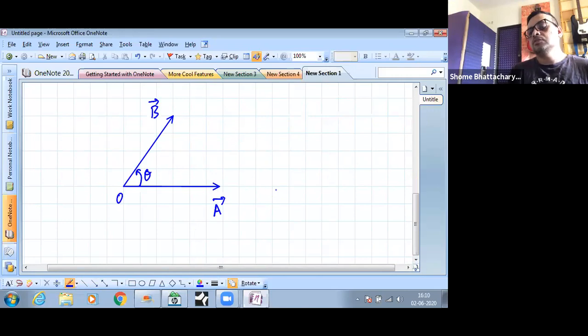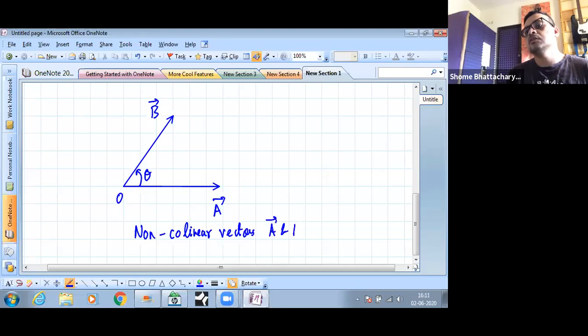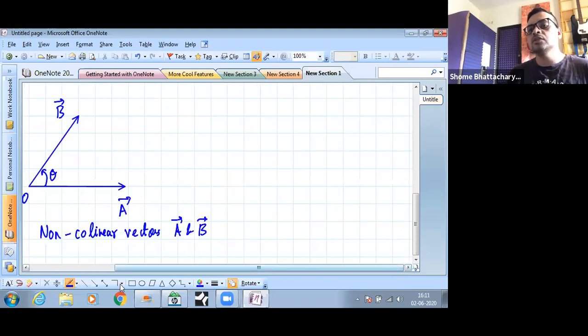So, you have to understand something over here, that if we have what we call non-collinear vectors A and B, they will look either like this or they will look like this. They might be making an acute angle or they might be making an obtuse angle. But the term non-collinear means they don't lie along the same line.